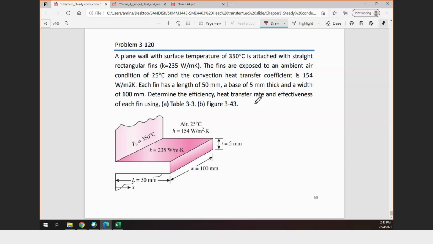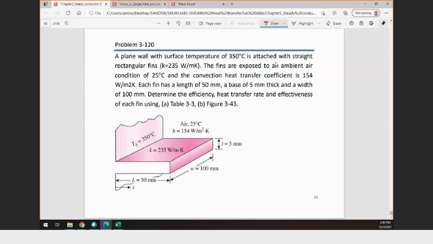Okay, so this is a rectangular fin attached to the plane wall with a surface temperature of 350 degrees Celsius, meaning the base temperature is 350 degrees Celsius. It is attached with a straight rectangular fin.